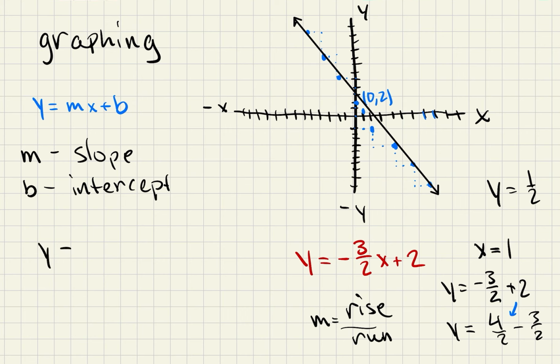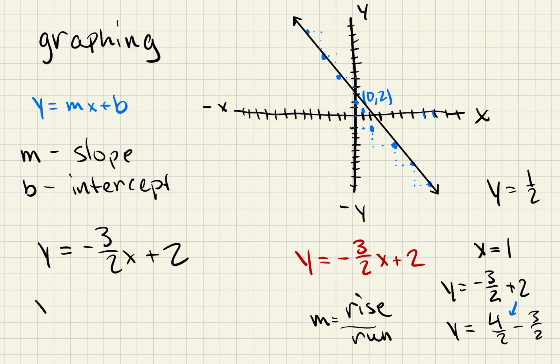So if we have y equals negative 3 over 2x plus b, let's actually use an example, 2. We first move over the 2 to get y minus 2 equals negative 3 over 2x, and then we multiply by the inverse here, so negative 2 over 3.